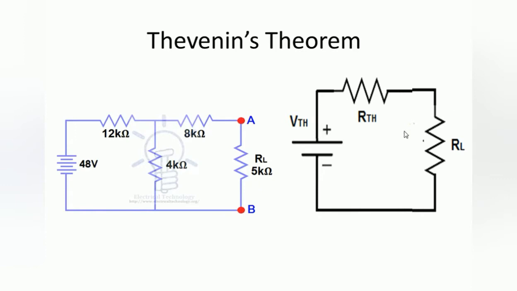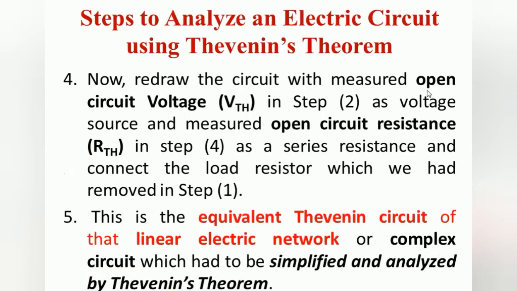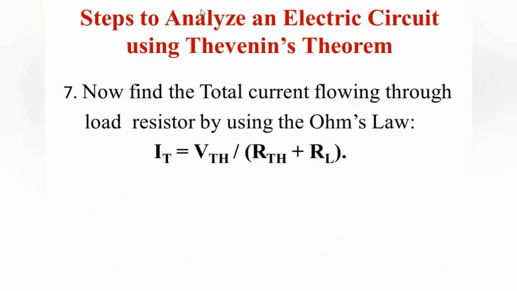Now after putting in the values of VTH and RTH, the load resistance is added. That is, initially we calculate VTH and RTH. After getting those values, we draw the simplified network for this complicated network, and after that the removed load resistance is connected to the end of the Thevenin's equivalent circuit. Then we calculate the current flowing through the load resistance by applying Ohm's law.